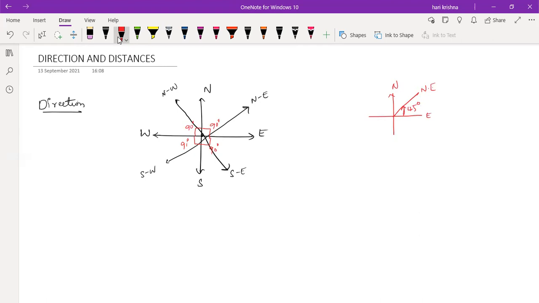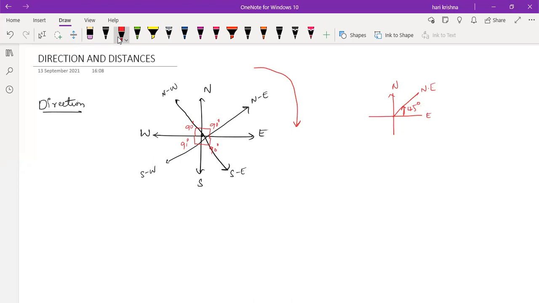So when you are moving in the clockwise direction, what will happen? Is it left turn or right turn? If you are moving from north to east in the clockwise direction, is it left turn or right turn? So clockwise is always a right turn, right?